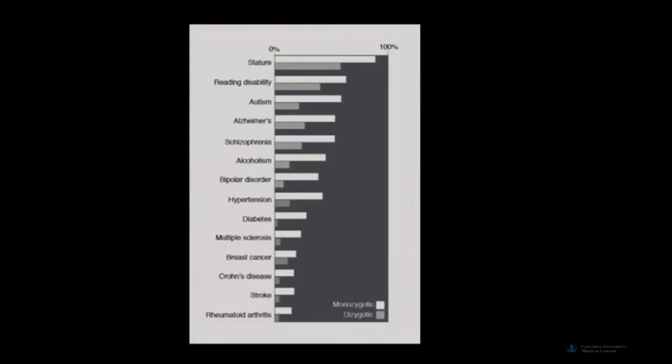And another striking thing is that the mean difference in longevity in pairs of identical twins is about 10 years. So people think that longevity is highly heritable, but it's not really that heritable at all.